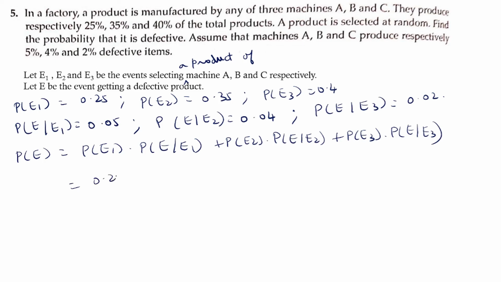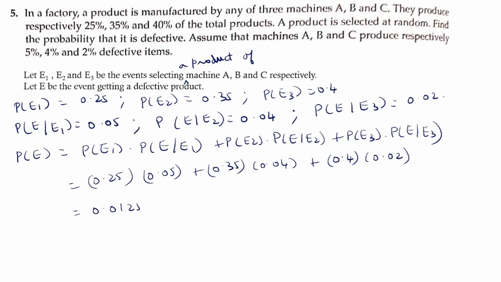So it is 0.25 into 0.05 plus 0.35 into 0.04 plus 0.4 into 0.02. If we simplify this, we will get the answer. So this is equal to 0.0125 plus 0.014 plus 0.008.